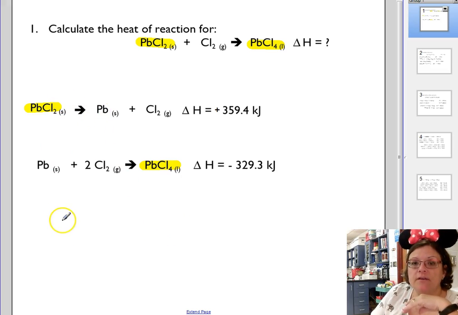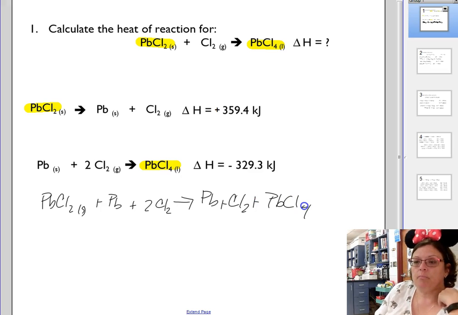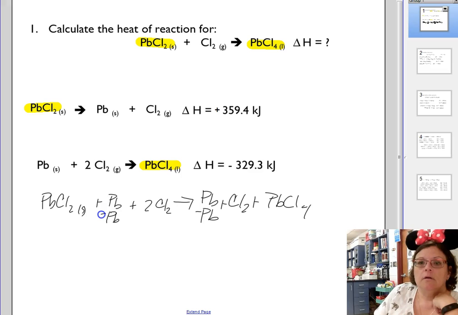So if we add these all together, we get lead chloride, lead 2 chloride, plus a lead, plus 2 chlorines, produces a lead, a chlorine, and lead 4 chloride. Okay? If I am in math, I want to get rid of like terms, so I'm going to subtract lead from both sides. Oops, what happened? It's gone. Right?